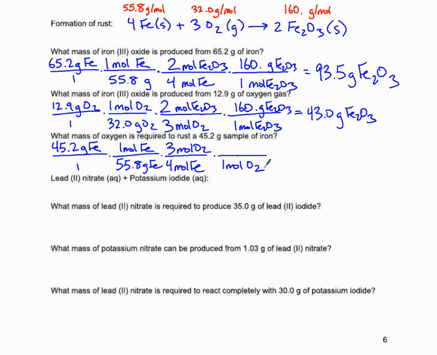We are looking for what mass of oxygen, so we're going to convert it to grams of oxygen. And at this point, we're ready to go ahead and put it in the calculator. It is 19.4 grams of oxygen required to rust all of the iron in this sample.